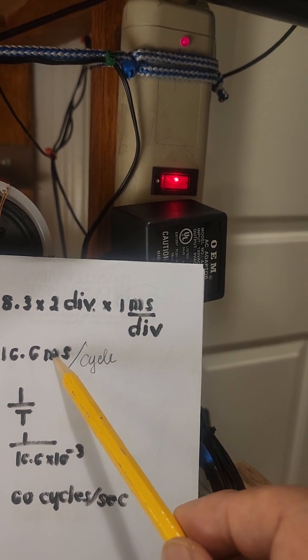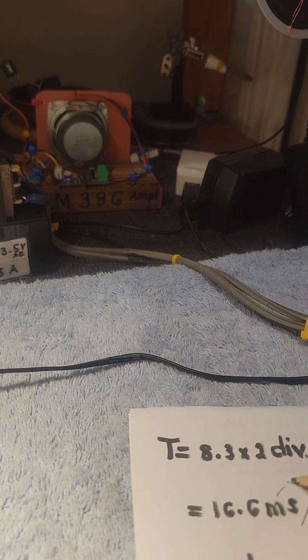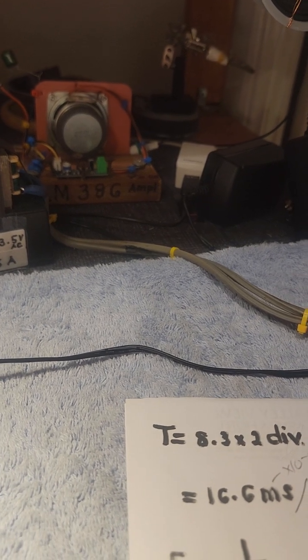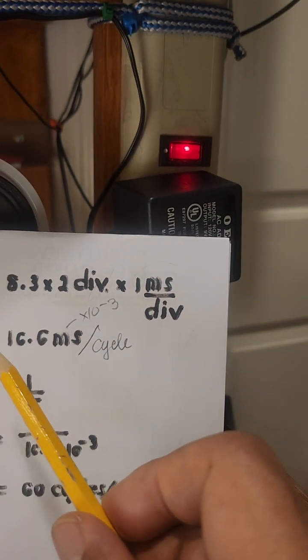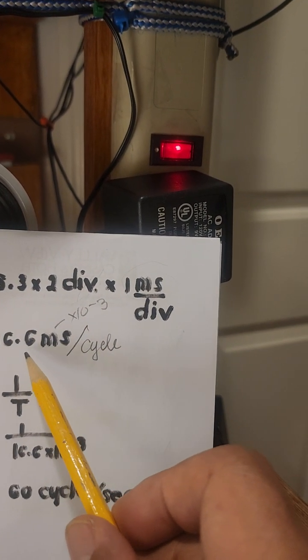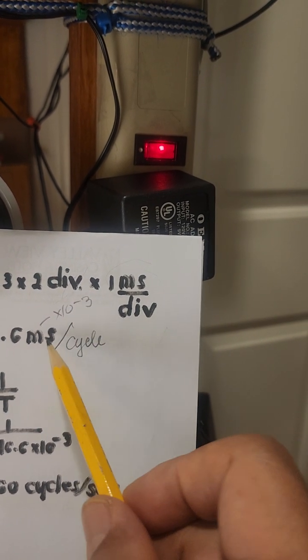This small letter m here is actually times 10 to the minus 3. So the unit of this capital letter T, the seconds per cycle, is actually 16.6 times 10 to the minus 3 seconds per cycle.